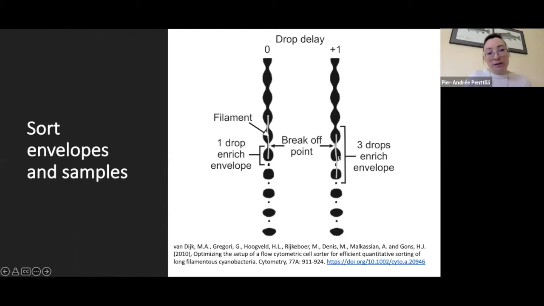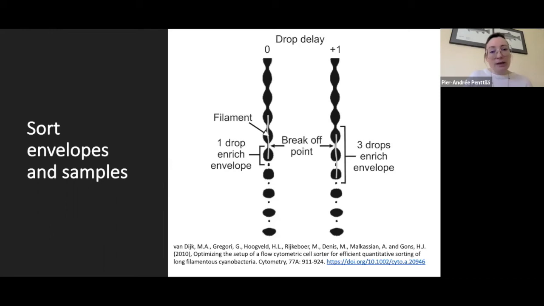And that's because these filaments are particularly long, as you can see represented in this graphic. But sorting with an envelope larger than 1 droplet is only more efficient when it is used, of course, in combination with the most suitable tip size. In this instance, it was the 100 micron nozzle tip, and the drop delay in relation with the length of the filaments that are to be sorted.